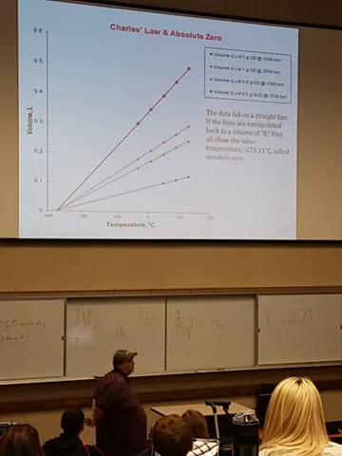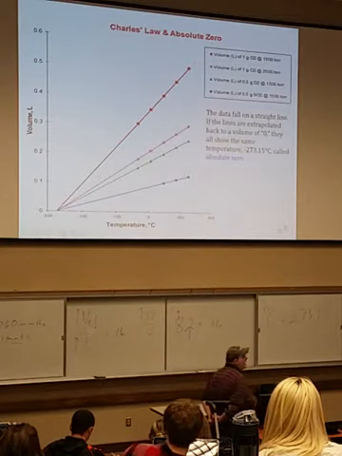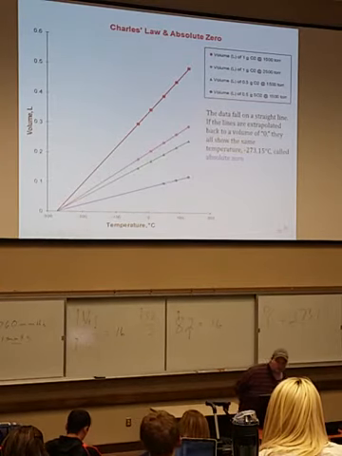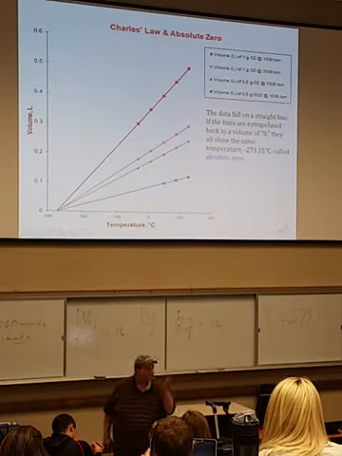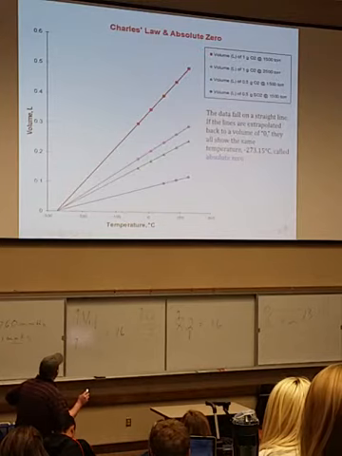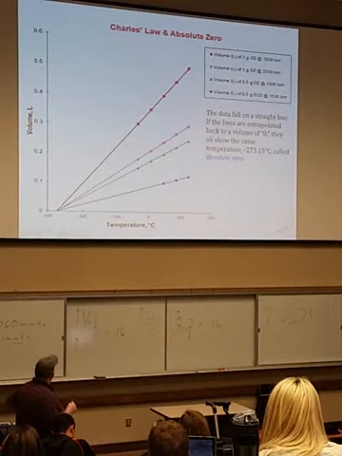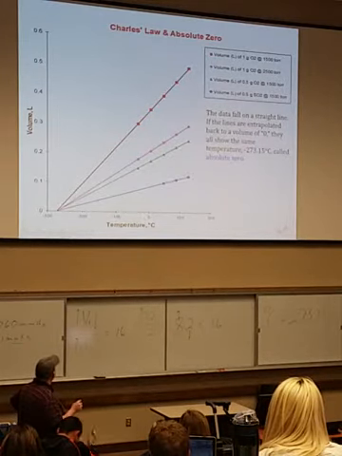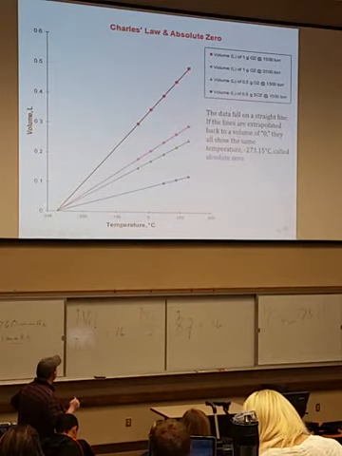Charles' law is how we get absolute zero. So if we graph volume versus temperature, here's just a set of points. So I took some temperature and volume measurements, and it comes out to be a linear relationship. And then I extend that line.